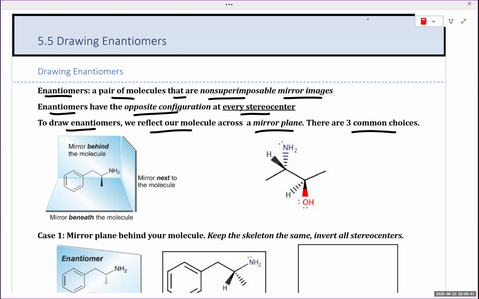You can place your mirror next to the molecule, that I call the horizontal mirror plane, beneath the molecule, that I call the vertical mirror plane, and a mirror behind the molecule, that can be called an inversion mirror plane. We're going to practice drawing enantiomers using this mirror plane method.